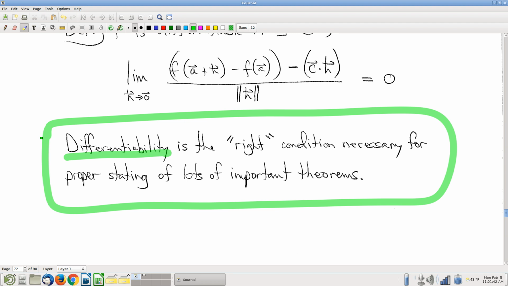If you were to require continuous differentiability, the results would still be true, but you'd be tying your hands unnecessarily. So the sharp condition that makes these many theorems work is this elusively defined differentiability. That's why you need to know that it very importantly is not the same thing as continuous differentiability.